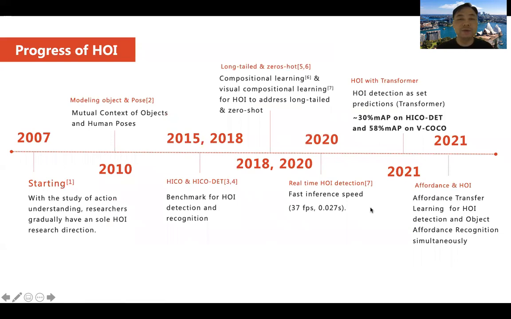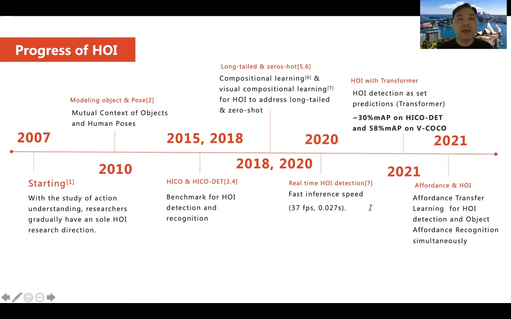Here, I'd like to introduce the history and progress of human-object interaction. In 2007, with the development of action understanding, researchers found the surrounding objects can facilitate the recognition of action. Gupta introduced an approach to understand actions and perceive objects in a joint way.